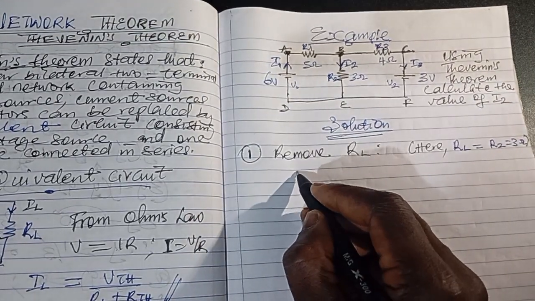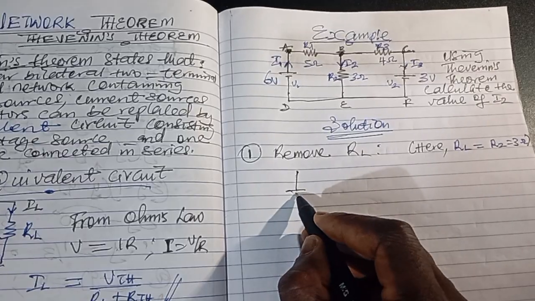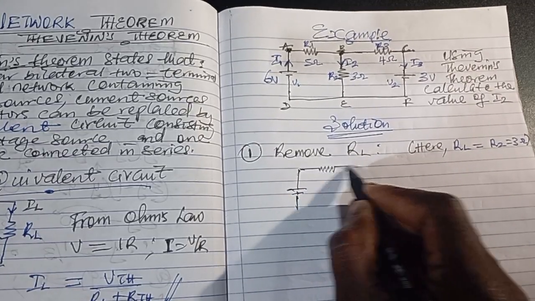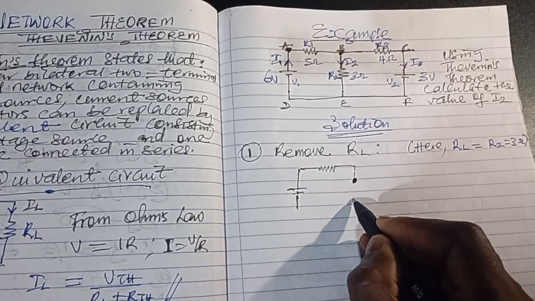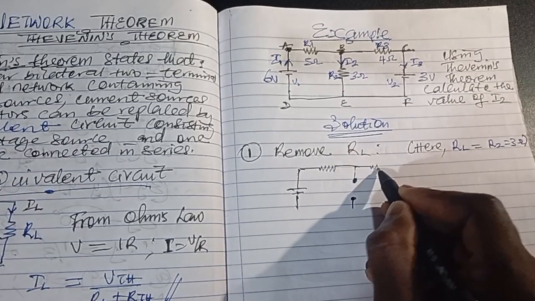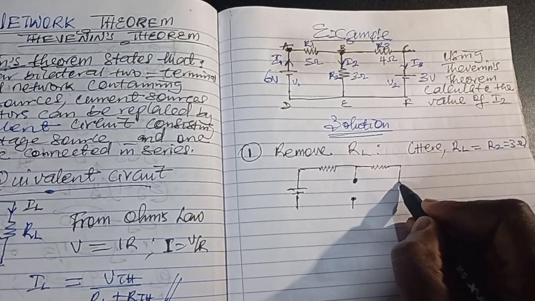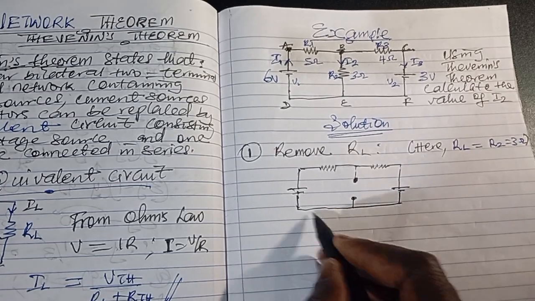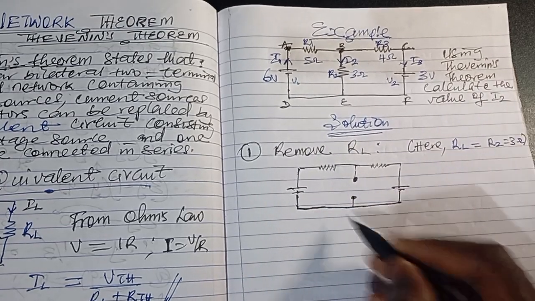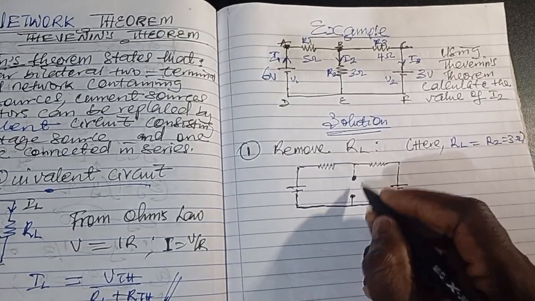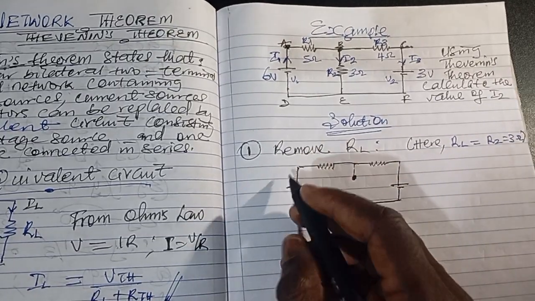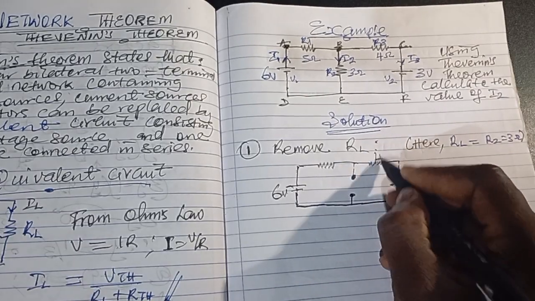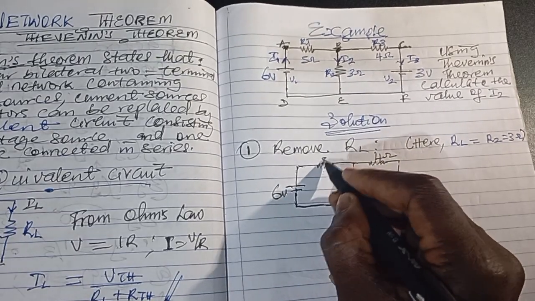The circuit will now be in this form. So we now have this circuit like this. Here is our RL. Now we have 6 volts here and 3 volts here. This is 4 ohms and this is 5 ohms.